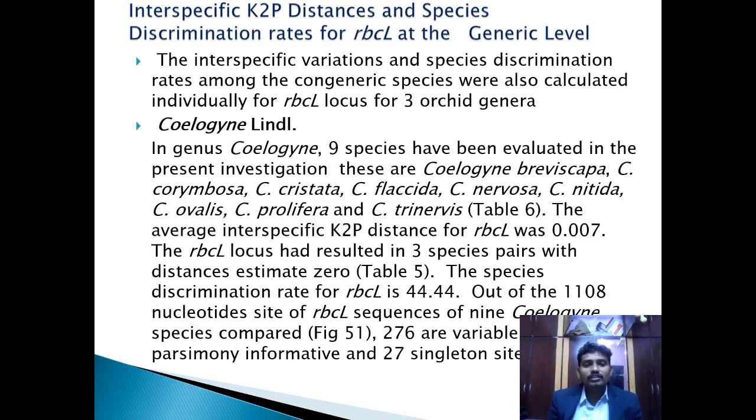The average interspecific K2P distance for rbcL is 0.07. The rbcL locus resulted in 3 species pairs with the distance estimated as 0. So the species discrimination rate in rbcL is 40.44%, out of the 1180 nucleotide sites of the rbcL sequence of 9 Coelogyne species.